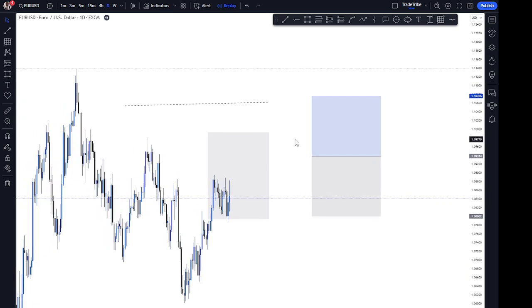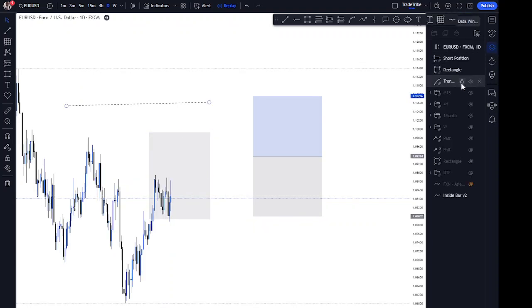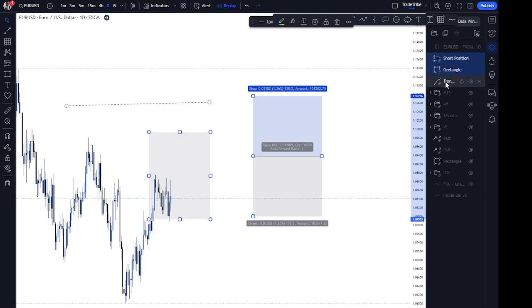Let's say I've marked my structure. I don't want these, I'm on the daily time frame. These are for the daily time frame. Go to the 4-hour time frame, and I get clean charts. So what I'm going to do, I come to this box here, I press Control, then I right click, if it's a short position, I right click it, and I mark all of them.